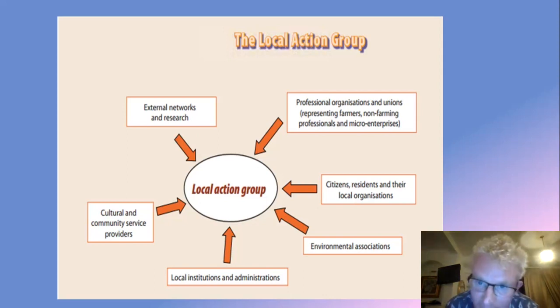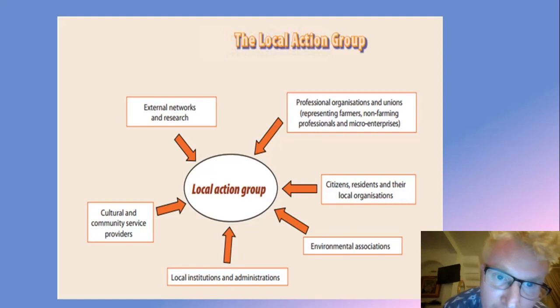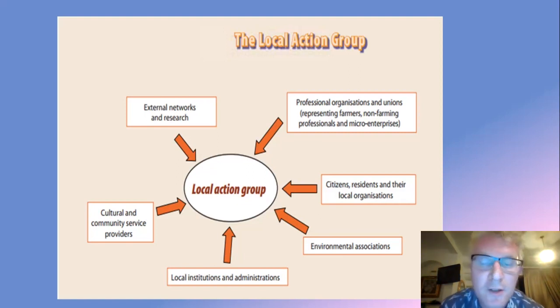So local community councils could have a part in it. Environmental associations, local institutions and administrations, cultural and community service providers, and external networks and research bodies. That includes the higher education sector. And as I said, maybe community enterprises themselves could be considered a member, could be represented by micro enterprises.